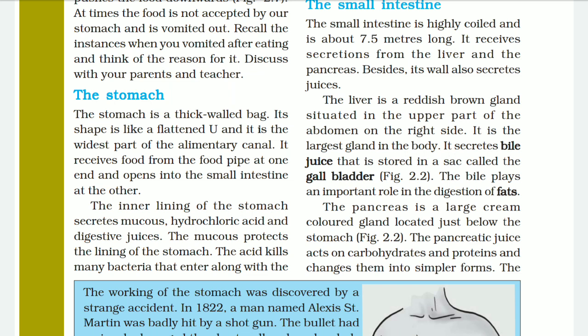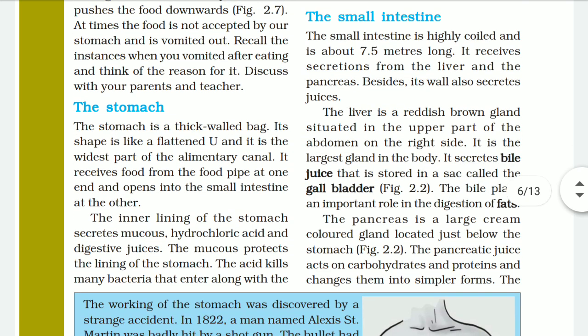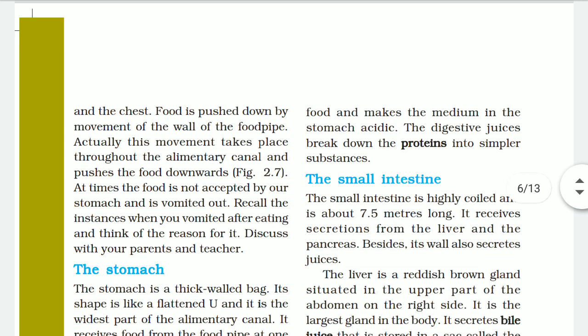The mucus protects the lining of the stomach, and the acid kills the many bacteria that enter along with the food. So whatever we are eating, the inner lining of the stomach secretes mucus and hydrochloric acid, which help to digest the food and make the medium in the stomach acidic. The digestive juice breaks down the proteins into simpler substances. So you see, food enters the mouth and the processing starts to make it simpler and simpler to digest in our stomach.